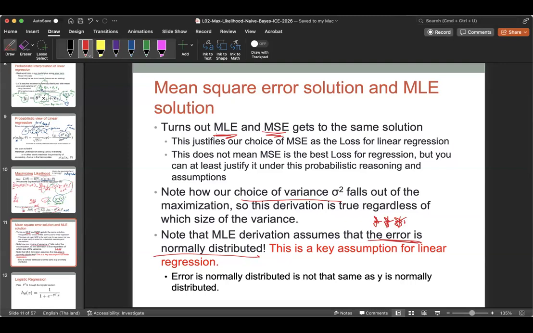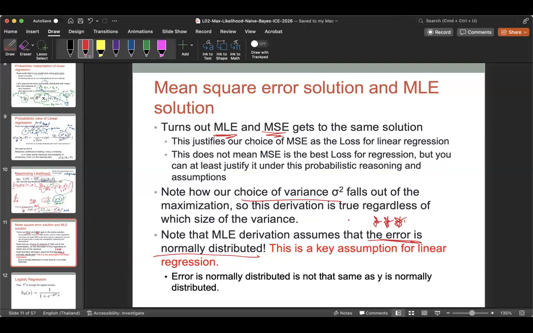If the distribution of your error is not Gaussian, that's a good sign you might want to try different models, or find techniques to make the error more Gaussian, so that it fits your modeling assumption better.